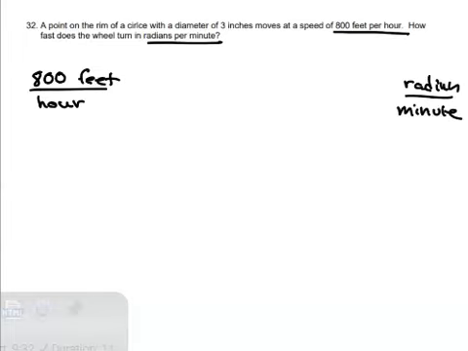I'm going to start again, you know, the easy one, 1 hour over 60 minutes. Eventually, you know, we get that one pretty well. Hours and hours crosses off, and I'm left with minutes. Okay, now another trick to this one is notice that the diameter is given in inches, and they started out with feet.